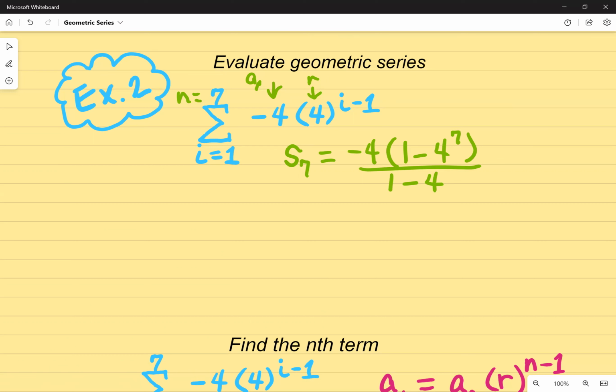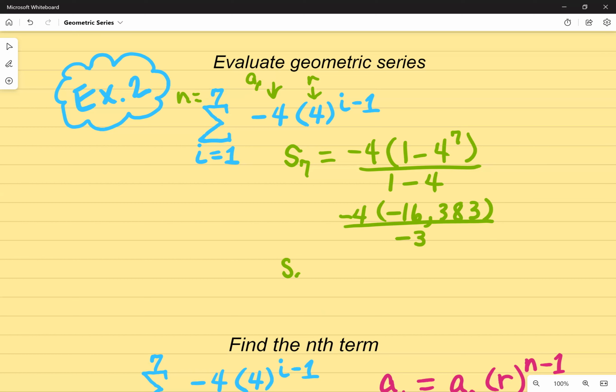Once I simplify this information, I have -4, and then 1 minus 4 to the 7th power is going to be -16,383. And all of this is divided by 1 minus 4, which is -3.